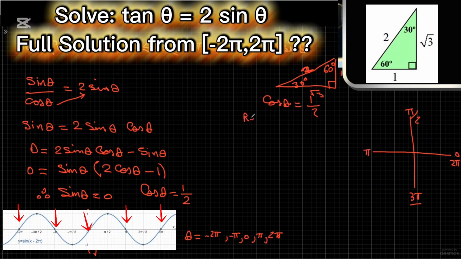So the reference angle equals 60, but that's not what you're looking for. First of all, the cos here is positive. If the cos is positive, then according to All Students Take Calculus, or CAST, or All Students Take Chemistry, the cos is positive right here, because all of them are positive here, and only the cosine is positive here. These are the two quadrants where the cos is positive.